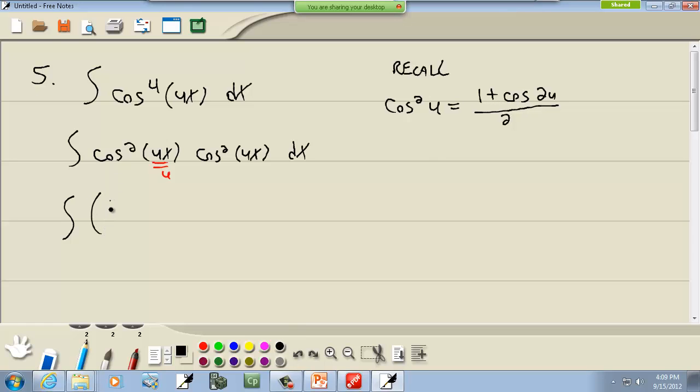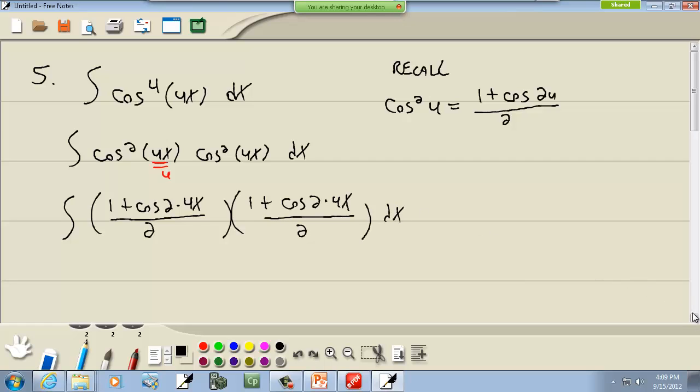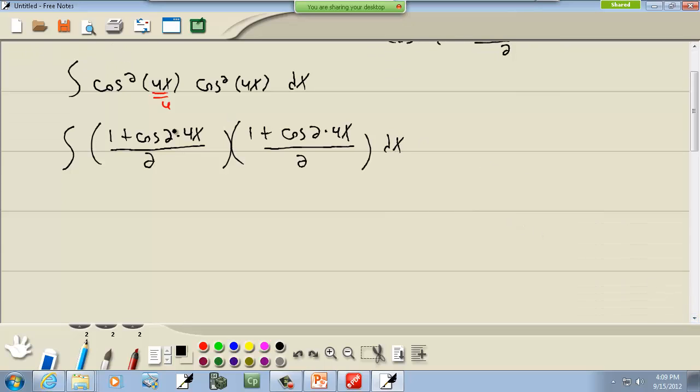So this one becomes 1 plus cosine 2 times u, and u was 4x, over 2. And this one is 1 plus cosine 2 times u, which was 4x, over 2 dx. Well, this is 1/2, this is 1/2, so we can bring a 1/4 out in front. And we're going to have 1 plus cosine 8x times 1 plus cosine 8x dx.